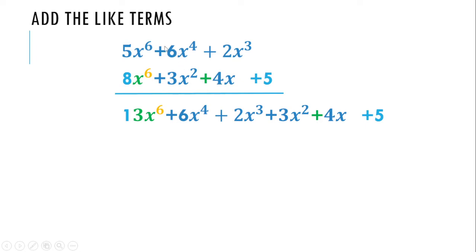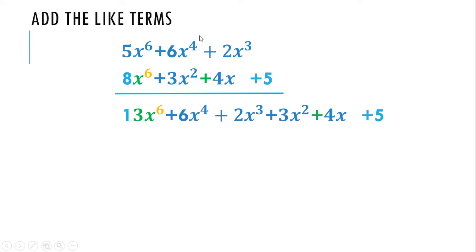Then we notice that these are not like terms. One is x raised to 4, other is x raised to 2. Then what we will do? We will write the term with the highest exponent value to the resultant. Why? Because we need to keep the descending order of exponents.